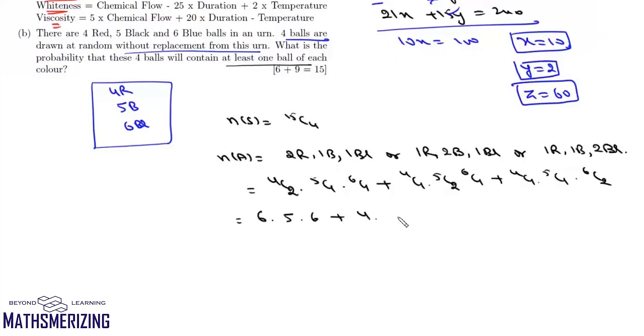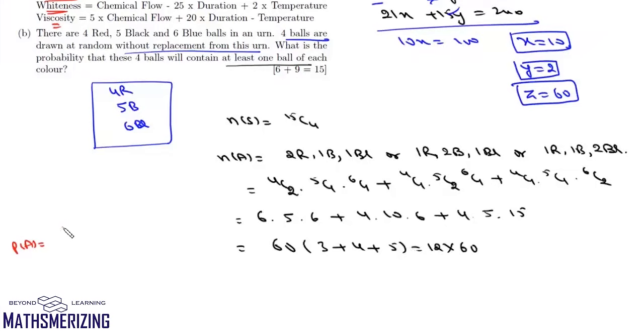Now 4C1 is 4, 5C2 is 10 and 6C1 is 6, plus 4C1 is 4, 5C1 is 5 and 6C2 is 15. We can take 60 common. We'll get 3 plus 4 plus 5. So it'll be 12 into 60.